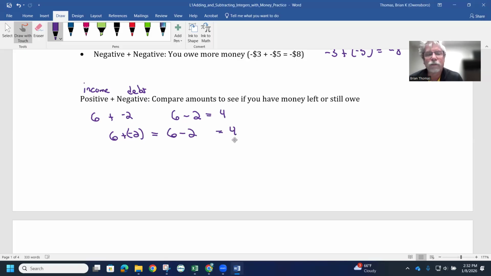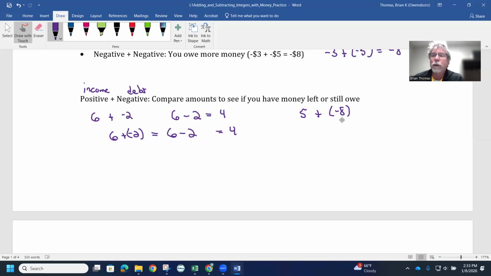Meanwhile, let's say I have $5, but I combine that with an $8 debt. Now the question is, do you have money left over? Are you still in debt? So notice that the math here is we have $5, but we have to pay off an $8 debt.